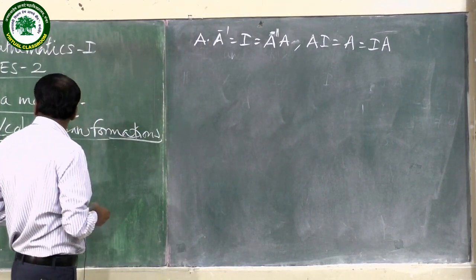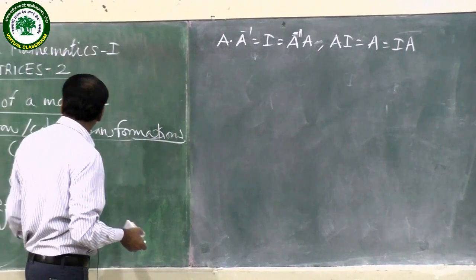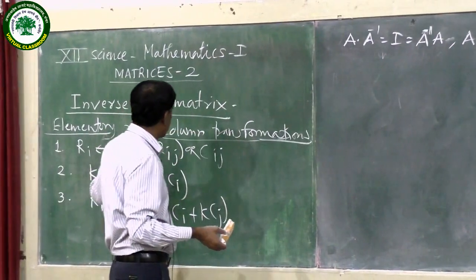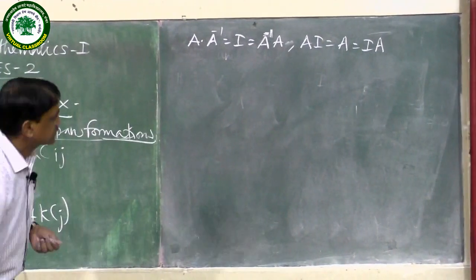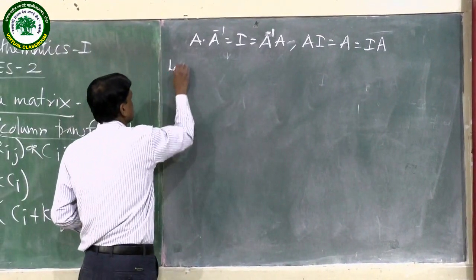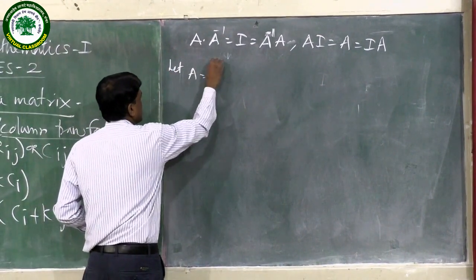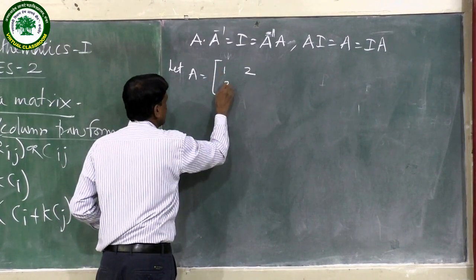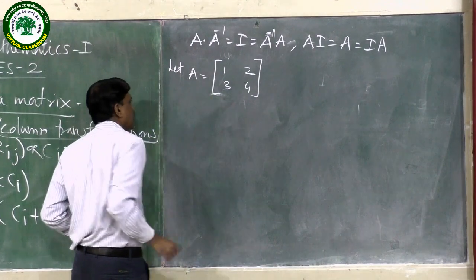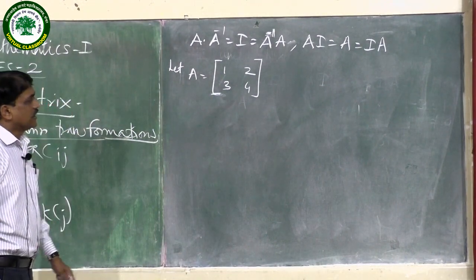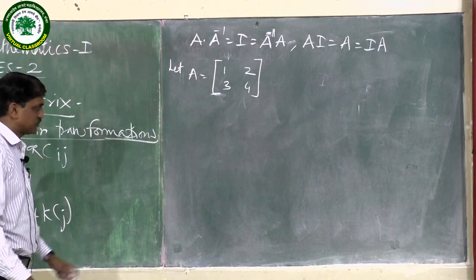Now let us take one example and let us find its inverse by using elementary row transformations. Let A is equal to 1, 2, 3, 4, and let us find its inverse.